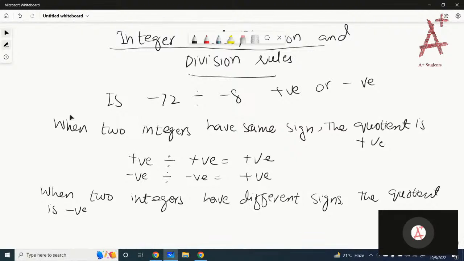So for this question, negative 72 divided by negative 8, is the answer positive or negative? It is positive. Got it? Okay, the next one is 22 divided by negative 2, positive or negative?